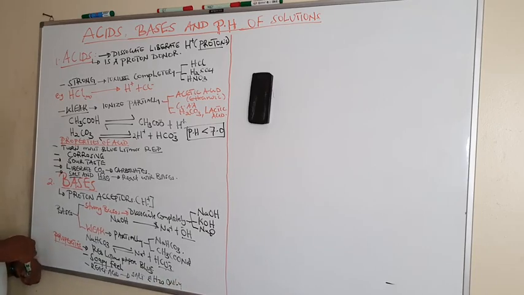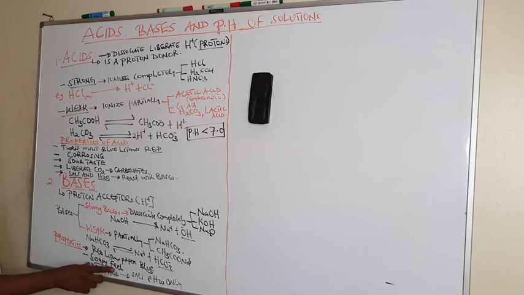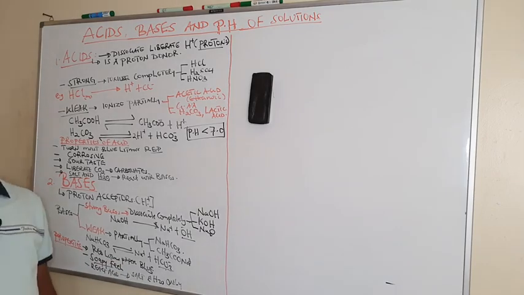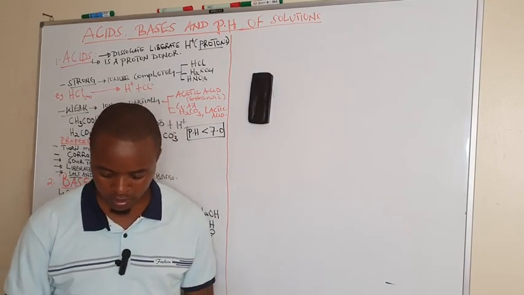So these are some of the properties of bases. They turn moist red litmus paper blue, they have a soapy feel, and they can also react with acids to form salt and water only.